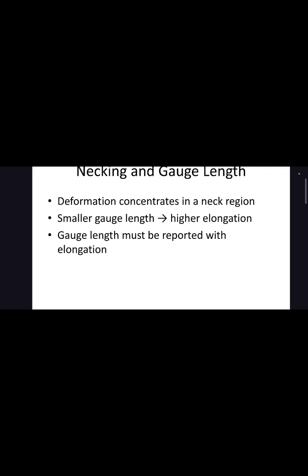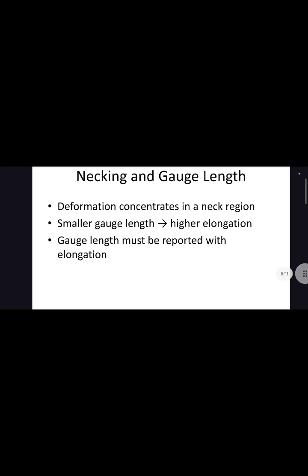From the reduction of area, Q is equal to A naught minus A divided by A naught, and after rearranging, we can see that L by L naught is equal to A naught by A, which is equal to 1 divided by 1 minus Q. So for the elongation near fracture, we obtain Q divided by 1 minus Q. This formula helps us calculate elongation near the fracture region using the reduction of area.